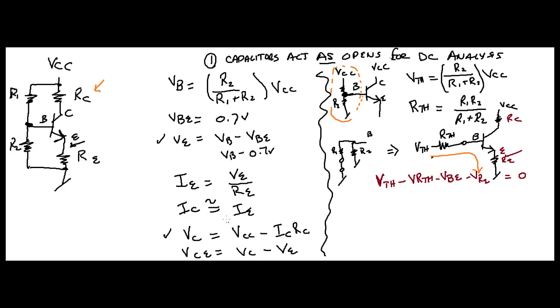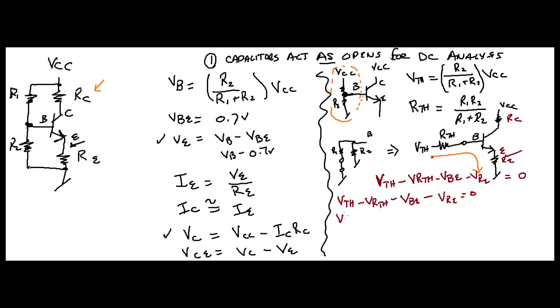So let me write this a little bit neater over here. Okay, so what we just said, I'm going to write it nicely underneath here. Just the same thing. V Thevenin minus the voltage across your Thevenin resistance, minus your base emitter voltage drop, minus your voltage across RE equals 0. Now let's put V Thevenin on the left side of the equal sign, right?